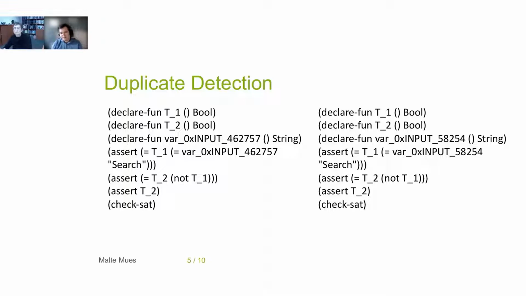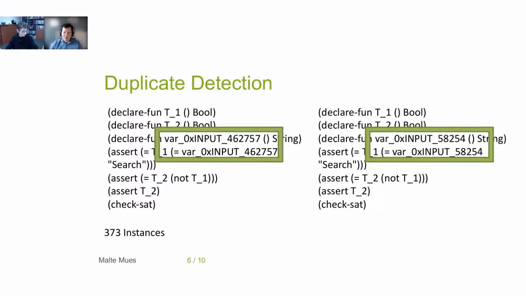The first thing we did is we collected available benchmarks in the literature. When we looked in more detail into existing work and existing performance evaluations, we saw multiple times really close-looking problems. Here on the left and the right, we see two instances we found in a benchmark, and the only difference is that the variables have different names. In the context of an SMT problem, the variable name shouldn't influence the performance of an SMT solver.